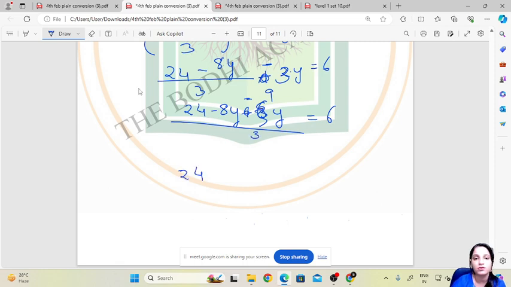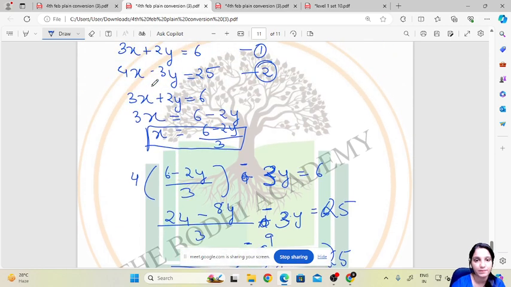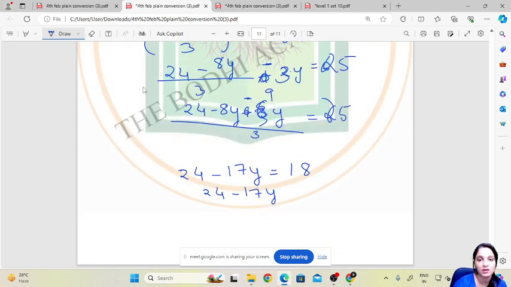So this is 24 minus 8y minus 9y, minus 17y equal to 18. So this will be 24 minus 17y equal to 25, right? This is 25. 25 into 3 is 75.